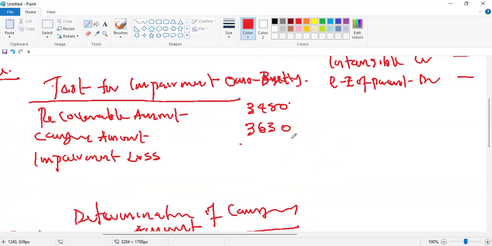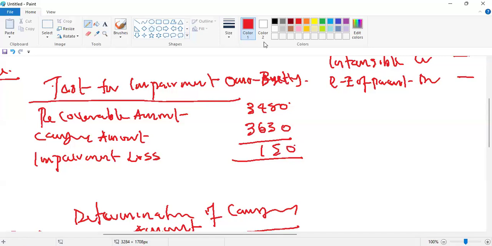Has it impaired? Yes, it has impaired. We will now say 3630 minus 3480. 150 is the impairment.